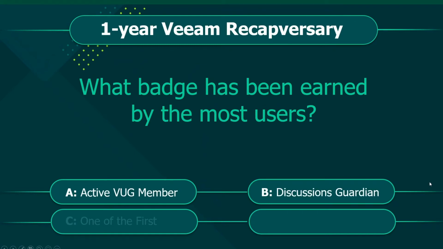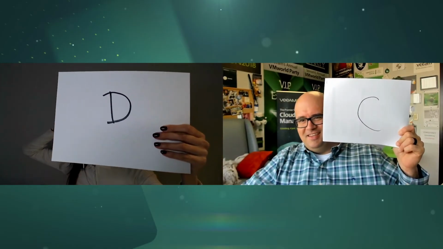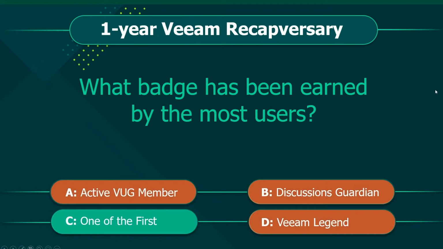Back to badges again. What badge has been earned by the most users? Three, 2. Oh, I think someone's kicking themselves. Oh God. I just read it. Oh my God! And it's Rasmus Hasland power now. I didn't see one of the first.